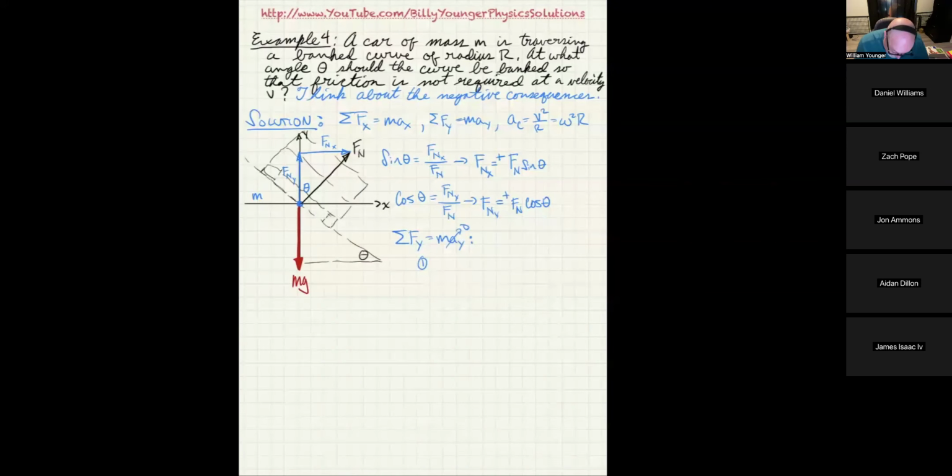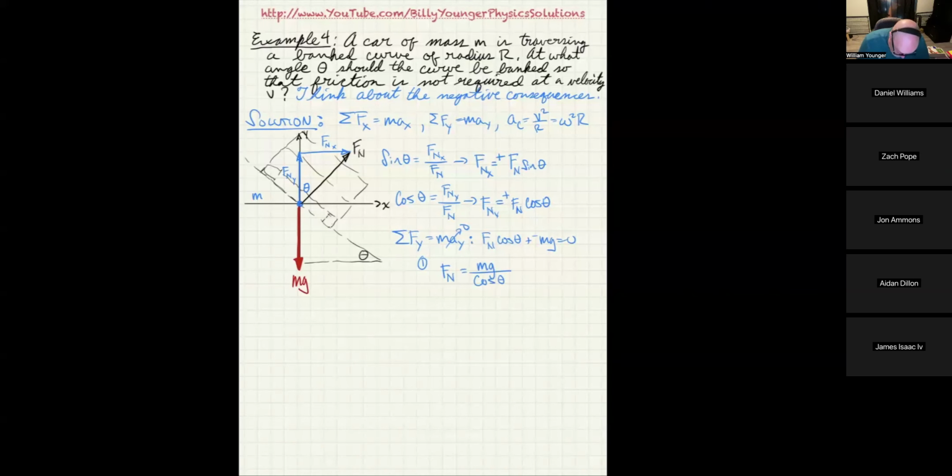The Fn sub y, of course, is Fn cosine theta. So Fn cosine theta plus negative mg is equal to 0. Now I can solve and find out that Fn should be mg, which when it's over to the other side is going to become positive, divided by cosine theta.